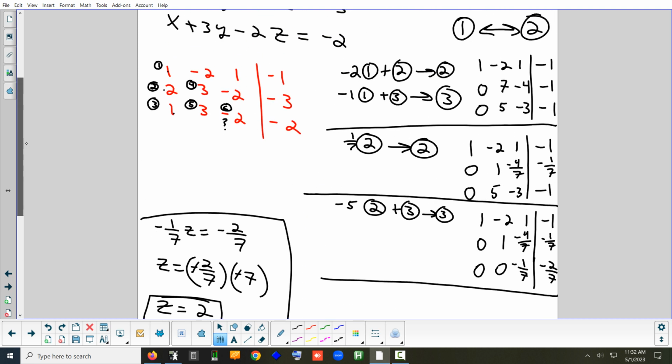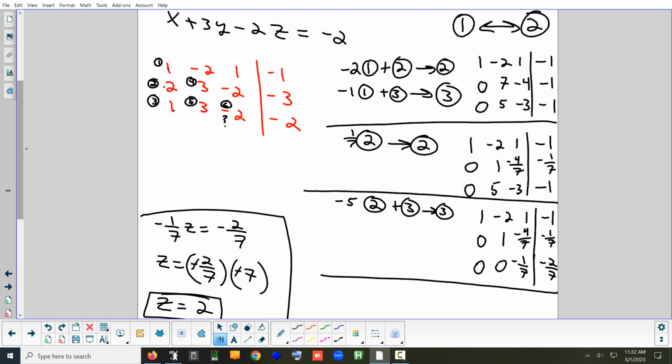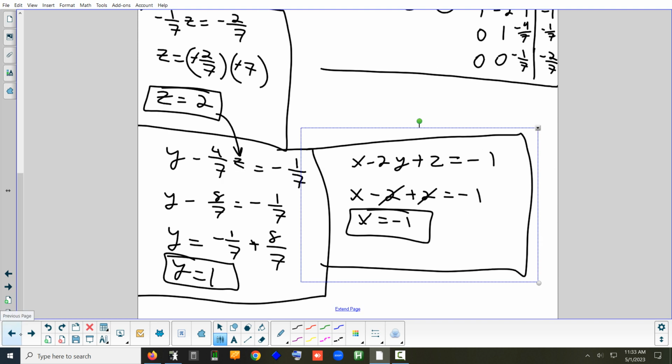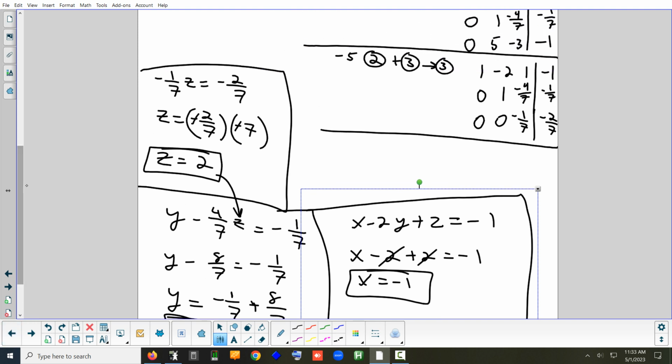Okay, so any questions? That was basically the matrix part of this problem right there. Yep, we just substituted. The reason we have to do all this substitution at the end is because we're only really doing half of what's called reduced row echelon form. We're getting 1s on the diagonal, and we're getting 0s under it. If we got 0s above, then we wouldn't have to go back and do substitution.